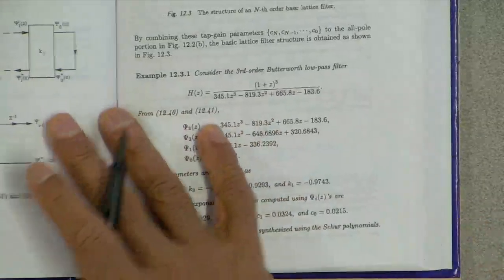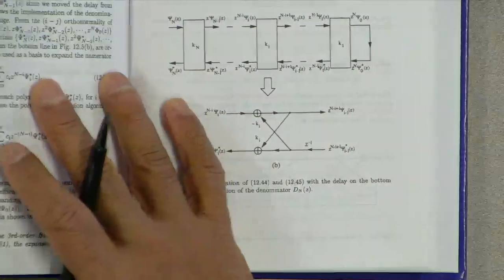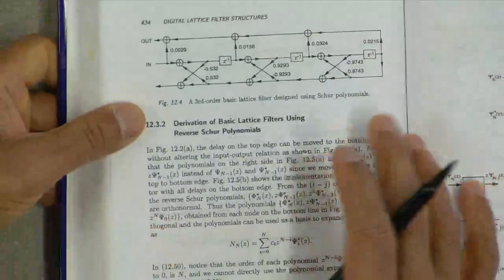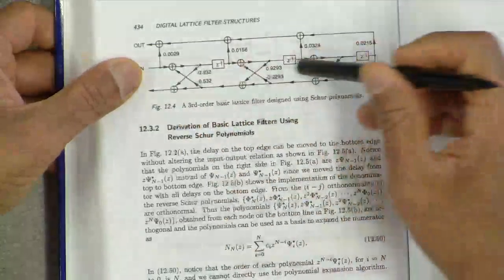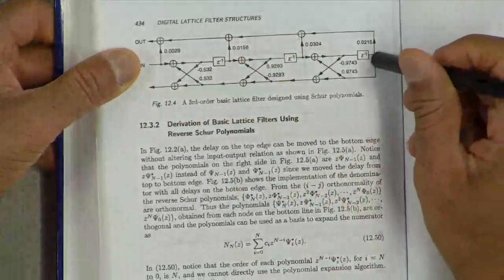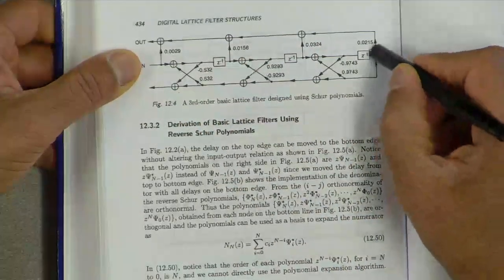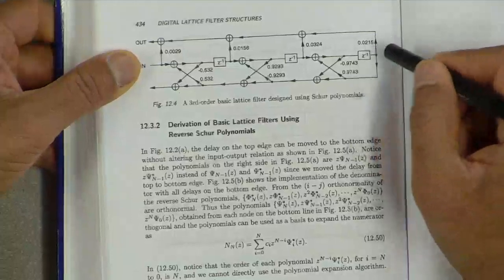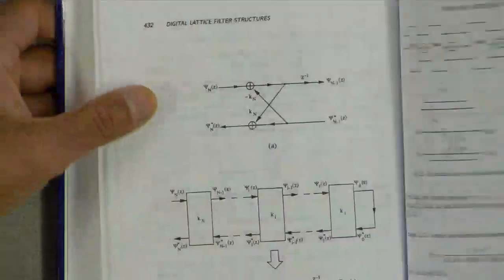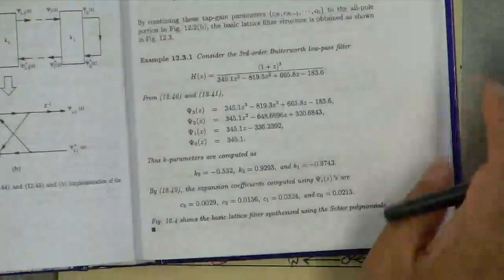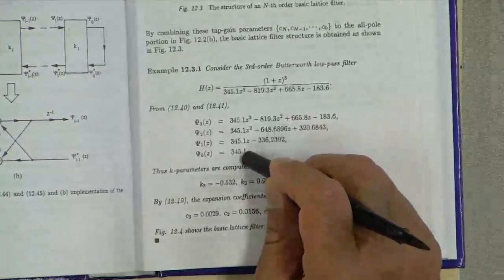If you connect those things, that is the all pole lattice. If this was the input and this was the output right here, what would the all pole lattice transfer function be? It would be the polynomial here, and believe it or not, that polynomial is psi 0, which is 345.1.